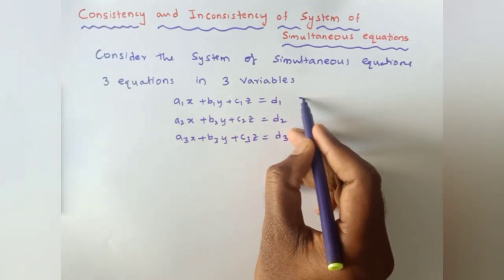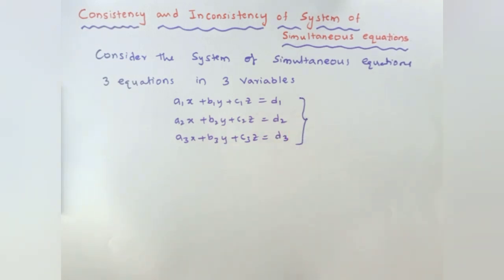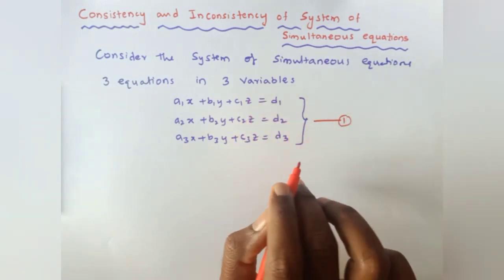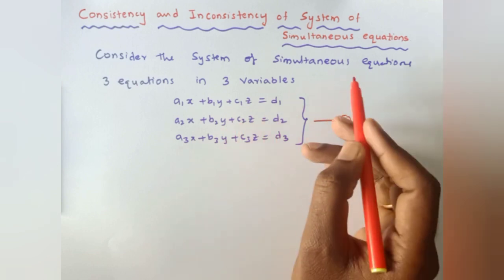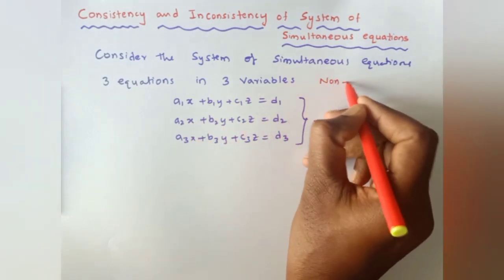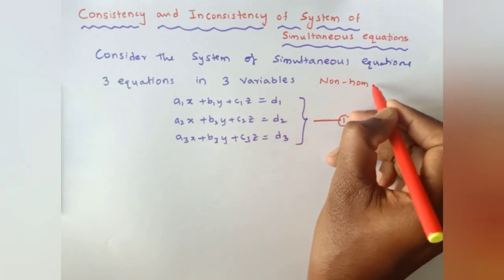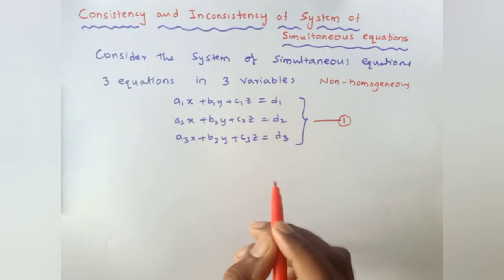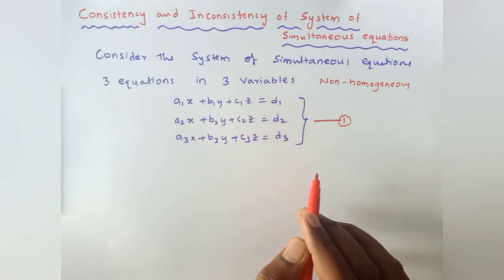Now this entire system is known as equation 1, or system 1. Here we are saying this is a non-homogeneous case. So this is known as a non-homogeneous case.